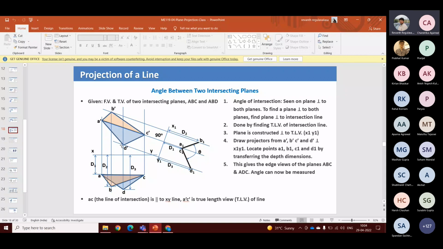And similarly, when you project this D dash, you get it here, D1. So this is the angle we measure. They are not perpendicular. They might be perpendicular, that is just a coincidence. We are not making them perpendicular. We are just finding the angle between them.